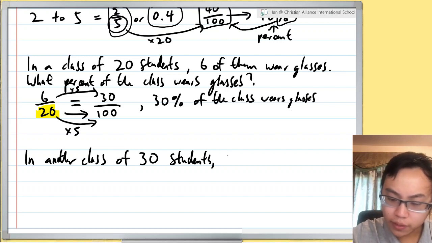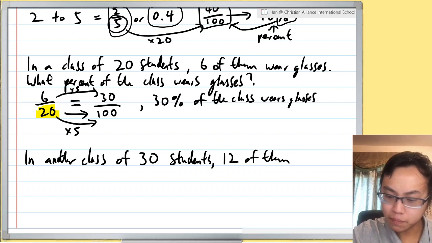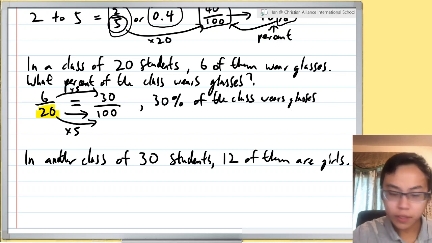This time, let's say that 12 of them are girls, for example.